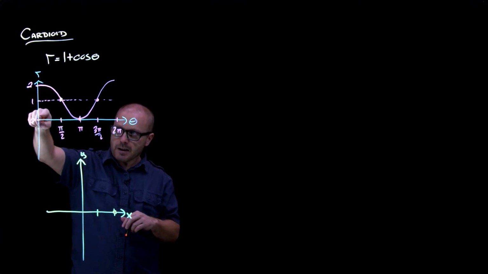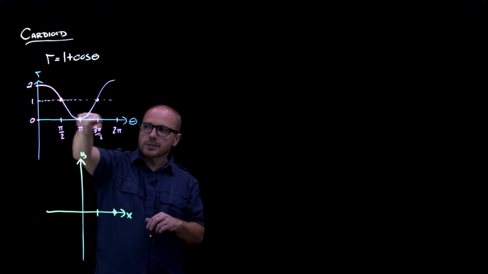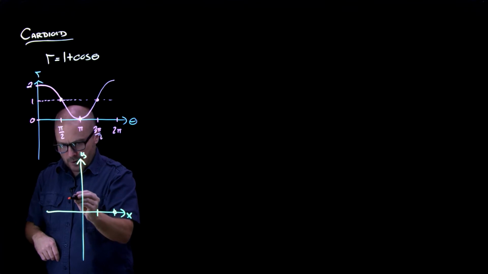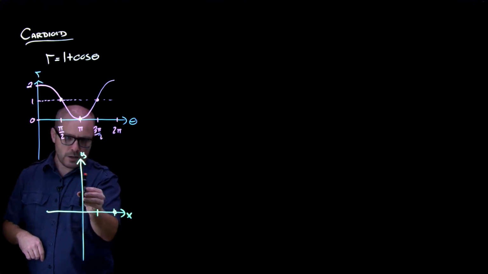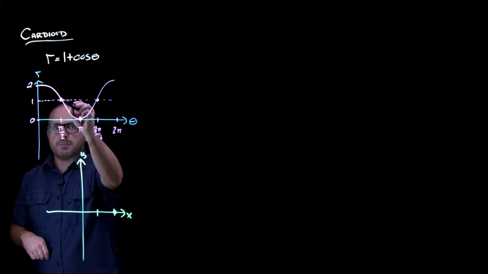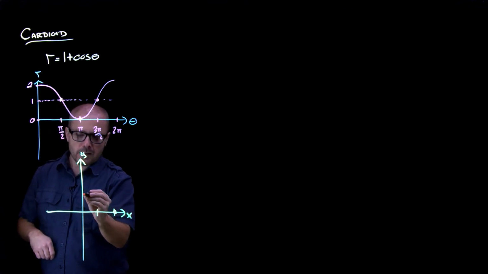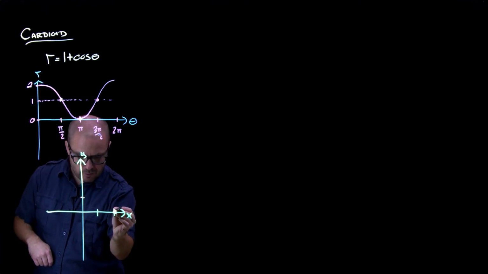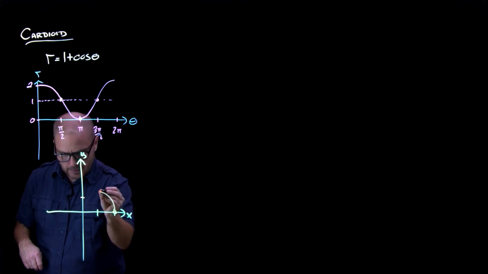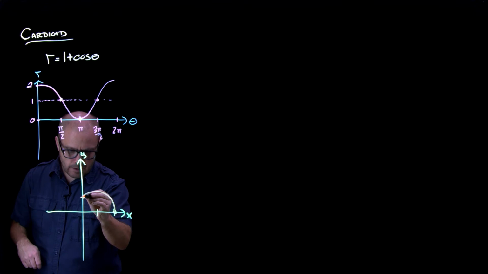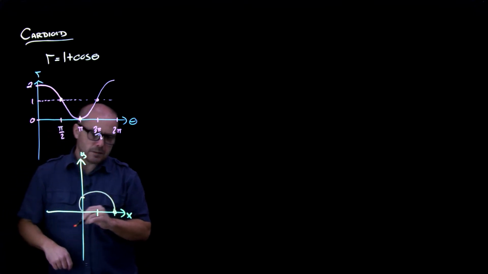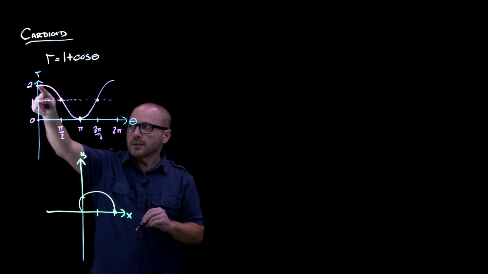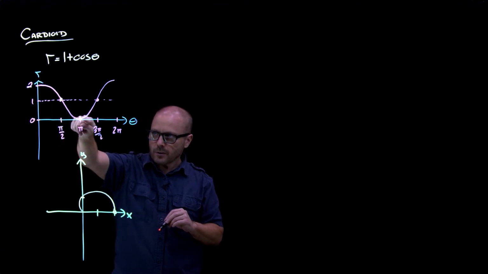Because we're coming down, down, down, smaller r's, getting closer to the theta axis, and then we enter the origin at pi. So we're going to come all the way around, spiraling into the origin by the time we've rotated to pi. And this midline point's a good reference point along the way. We know when we get to pi over 2, we're going to be up here at 1. So that's how far in we'll have spiraled by the time we get there, and then continuing on in. So that's one big spiral in because we were decreasing r all the way to pi.